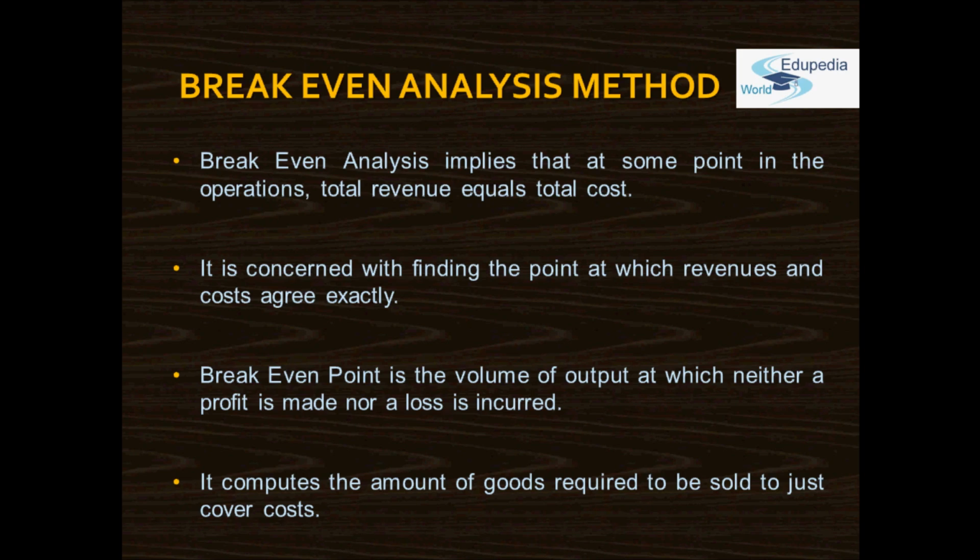One is the fixed cost, which includes the cost for the land, building, insurance, taxes, the equipments and machineries, and so on. And the other type of cost is the variable cost, which is the per unit cost for producing the product, which includes the cost of the raw material, the transportation of raw material as well as the finished goods, the labor cost, the overhead cost, and so on.